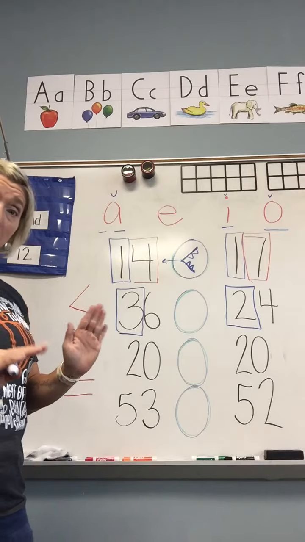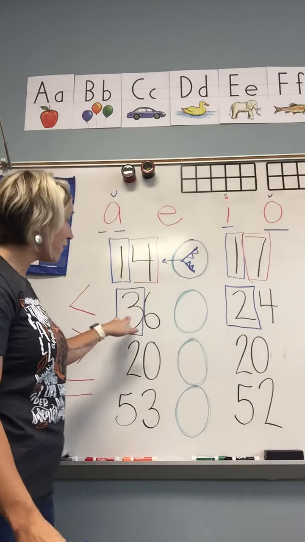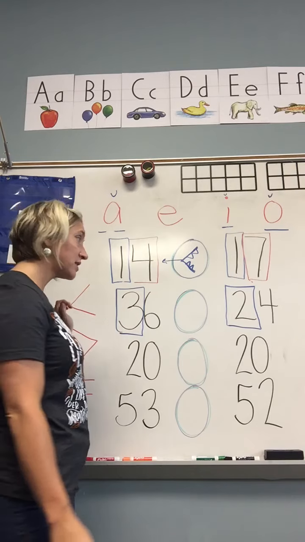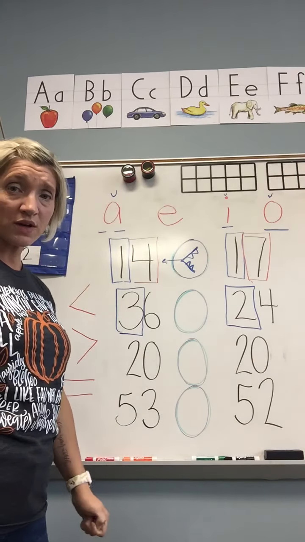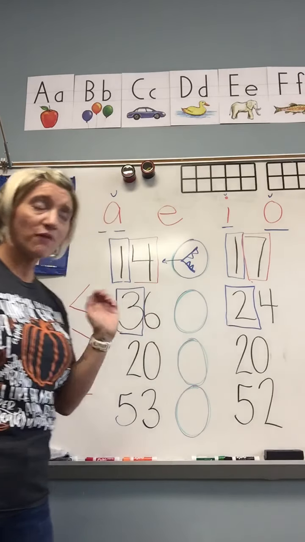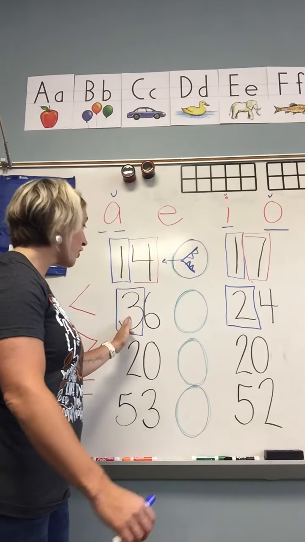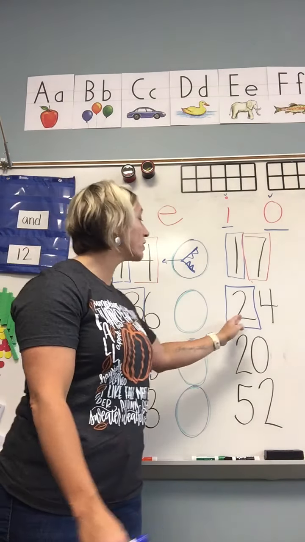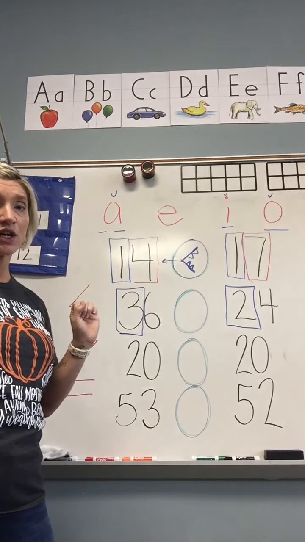Now I'm going to stop and I'm going to see if I can compare just using the tens. So I have 3 groups of 10 in 36 and I have 2 groups of 10 in 24. Can I compare them already or are these the same? Of course, I can compare them. So which one is greater? 3 groups of 10 or 2 groups of 10? 3 groups of 10 is greater.